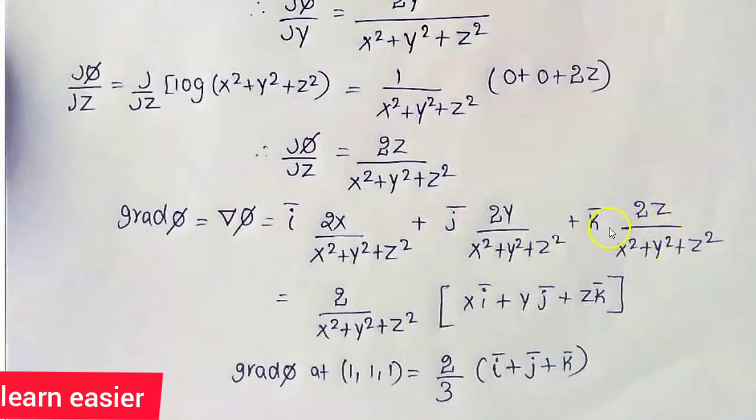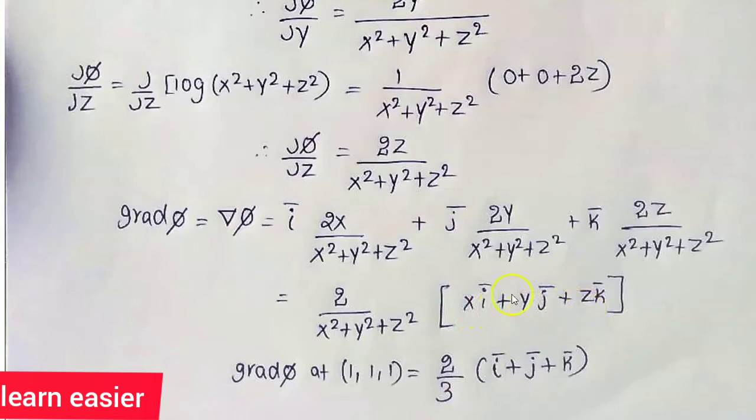You can see that in all three partial derivatives we can take 2 by x squared plus y squared plus z squared common. Then we get x into i bar, y into j bar, and z into k bar.